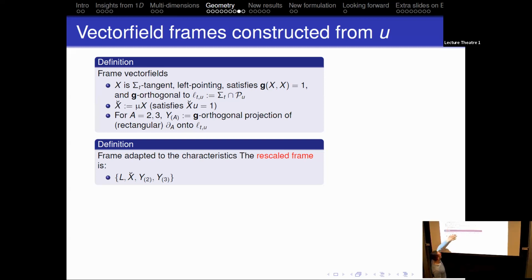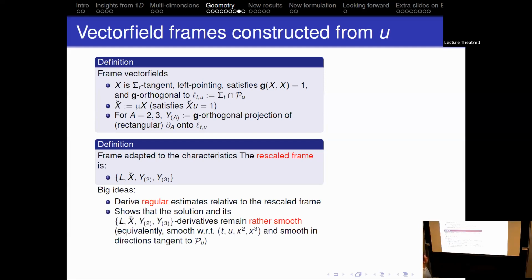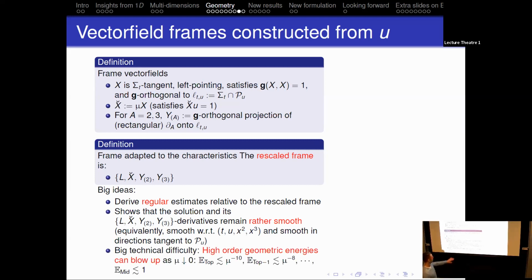So in other words, the gradient of the solution is going to blow up like 1 over mu, and you're multiplying by mu and working with a mu-weighted thing to remove the degeneracy. That's essentially what's going on here. Okay, and as I've said, deriving regular estimates with respect to this frame is essentially equivalent to proving that the solution is smooth in the geometric coordinate system.